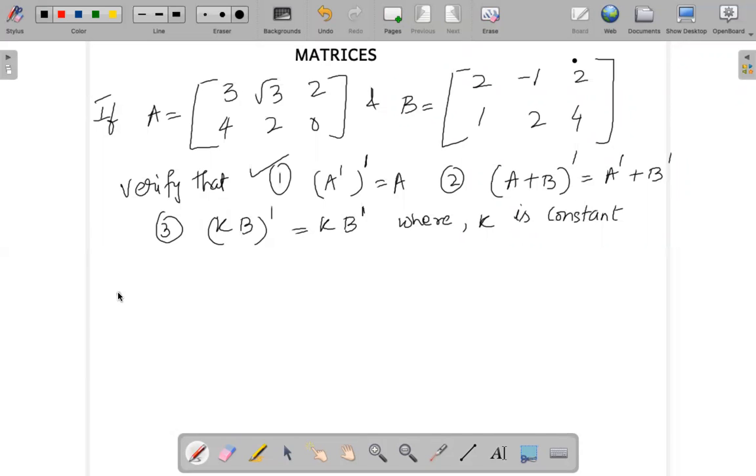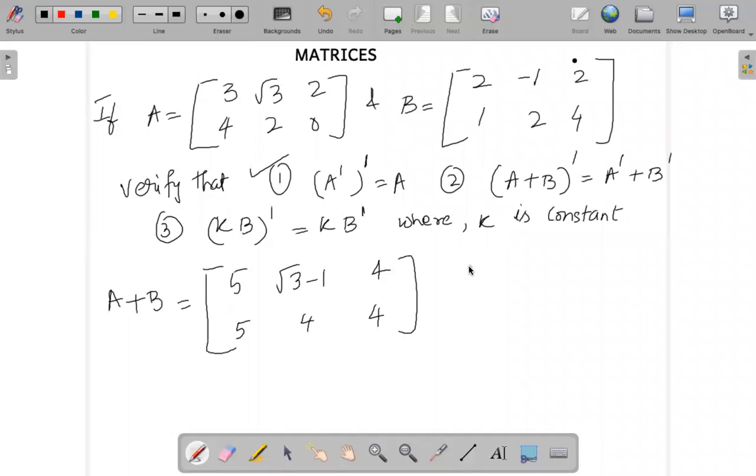So let us consider A plus B. Let us add that. We get A plus B as this.